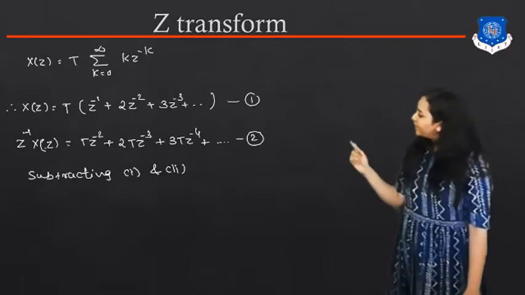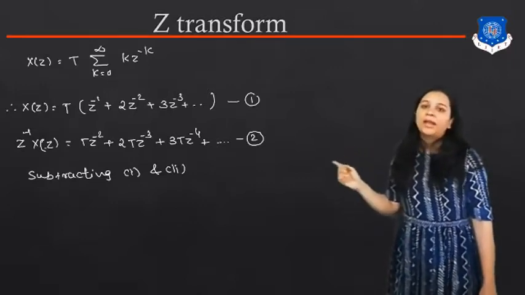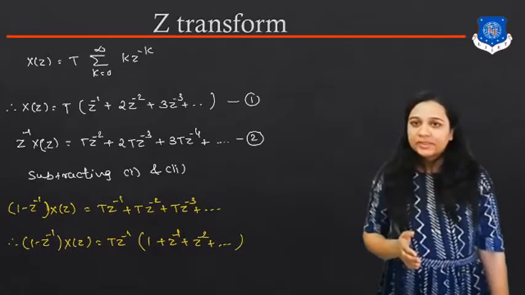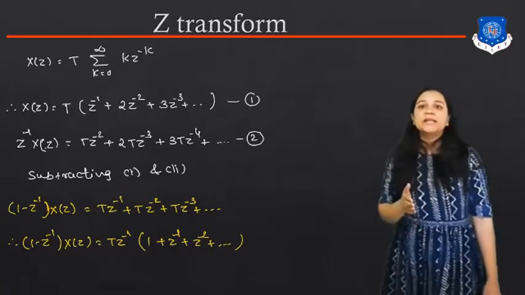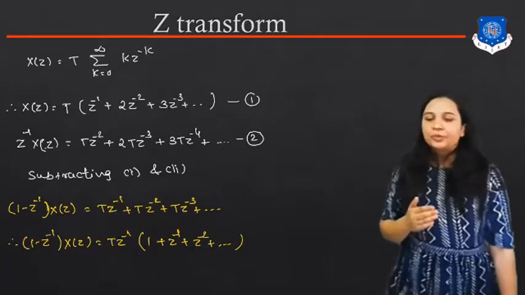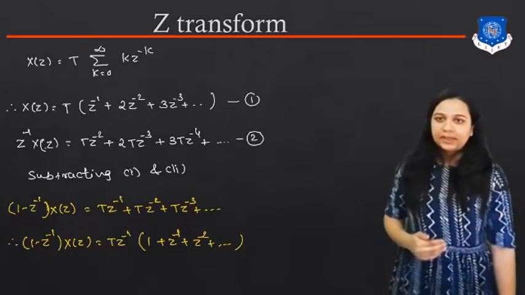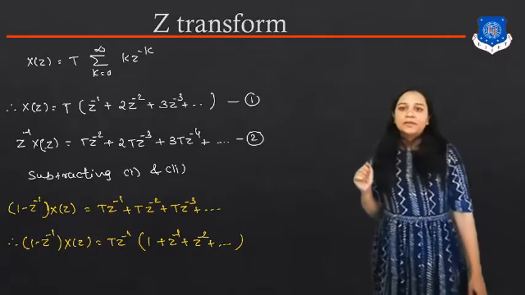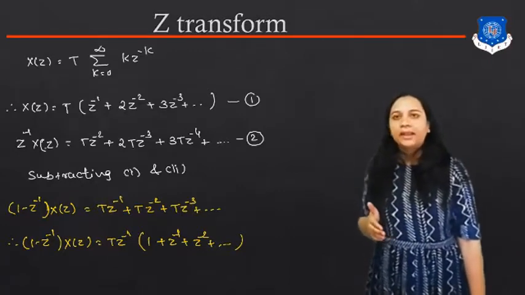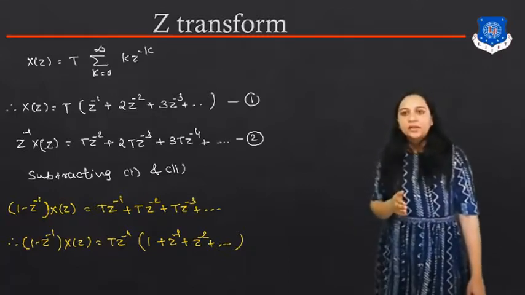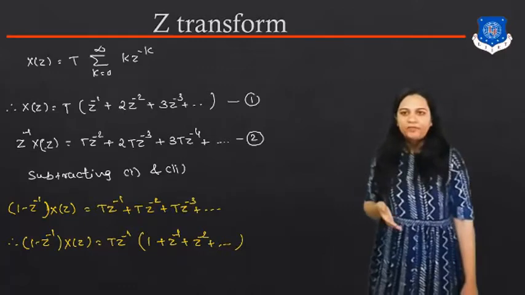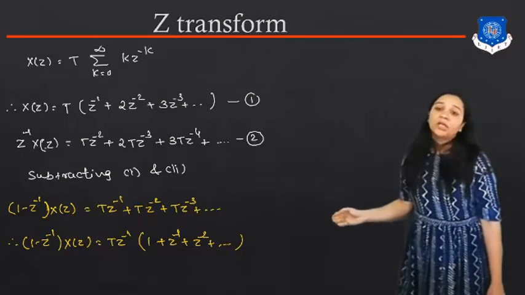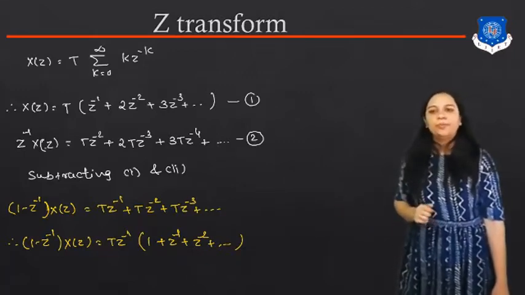Now we subtract equation 2 from equation 1. We get 1 minus z inverse times x of z equals t z raised to minus 1 plus t z raised to minus 2 plus t z raised to minus 3, which is t z inverse times the bracket 1 plus z raised to minus 1 plus z raised to minus 2 up to infinity. Simplifying, we take out the common term t z raised to minus 1.